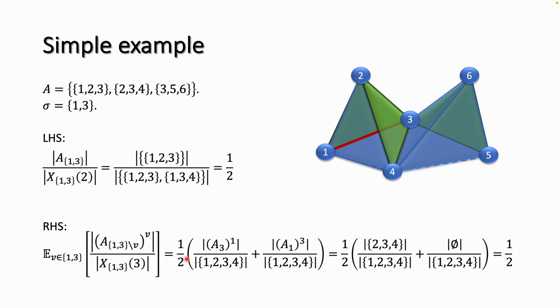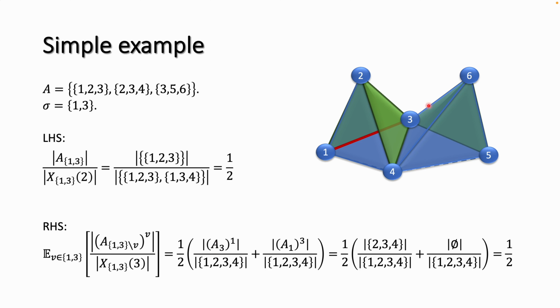For v equals, let's say 1, we look at the localization of A to the vertex 3, and then restrict it to the vertex 1, and here it's the opposite. We localize it to the vertex 1 and restrict it to the vertex 3. So what is this one? The localization of A to the vertex 3 is basically all the triangles in A, right?